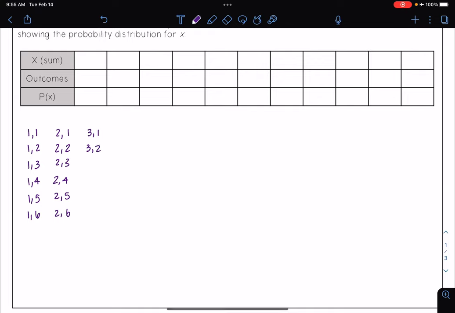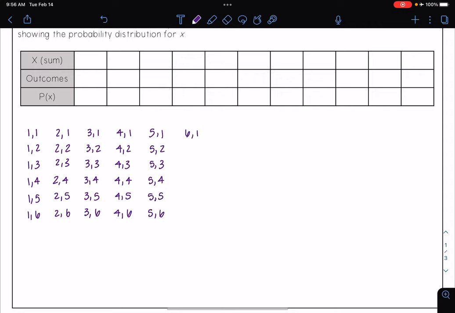So my first roll can be a 3, and then I can roll the numbers 1 through 6 there. My first roll can be a 4, a 5, and then lastly, my first roll could be a 6.